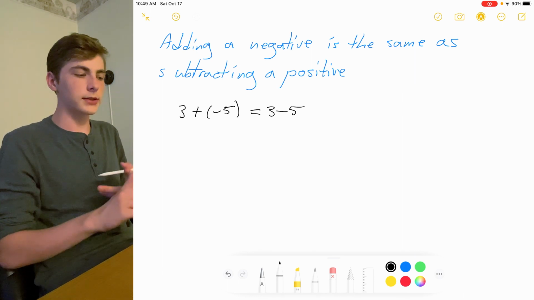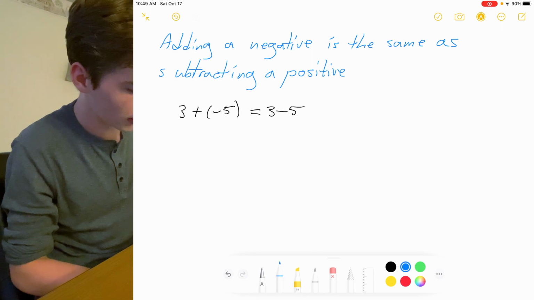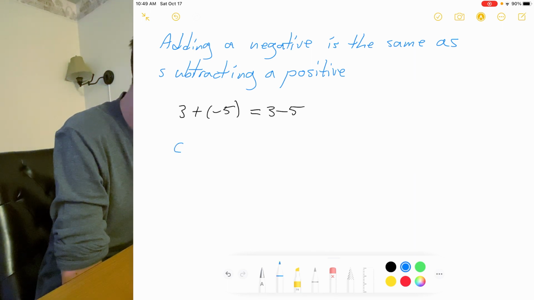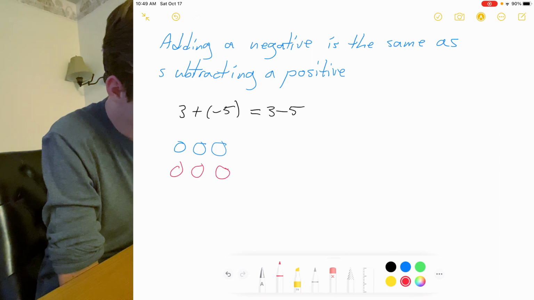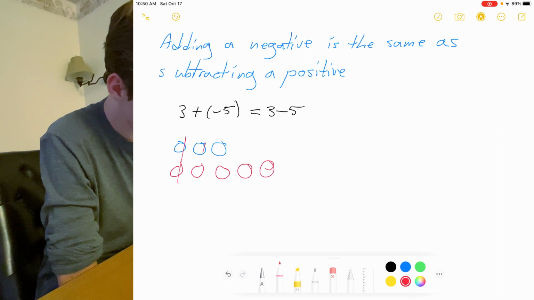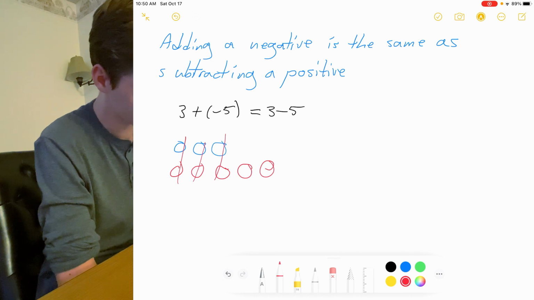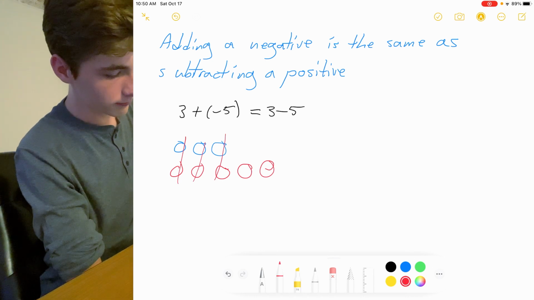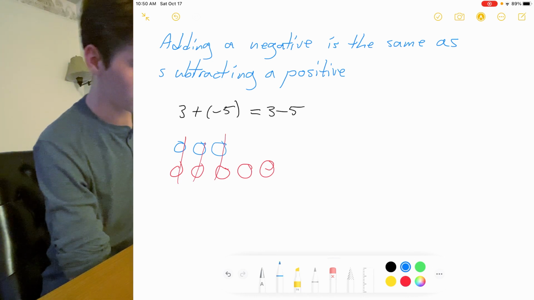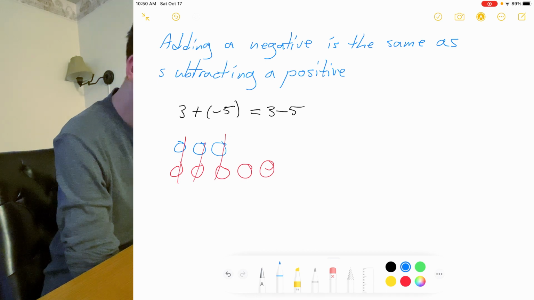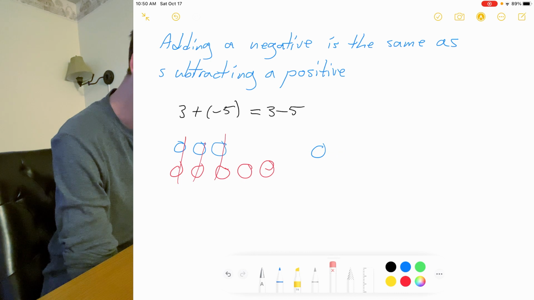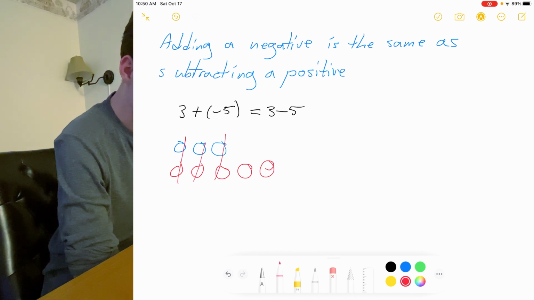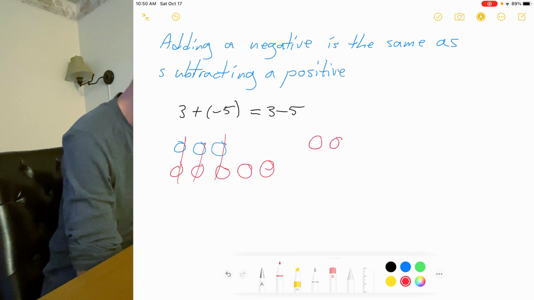If we do 3 plus -5, that's like looking at it as 3 blue circles and then 5 -1s, right? These ones cancel and we're left with these two. If we look at it more like 3 minus 5, that's like saying we have 3, and then we take away 1, take away 2, take away 3, and as we keep taking away, it's just going to start making red circles, so 4 or 5.